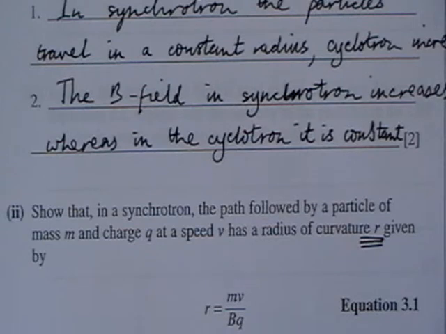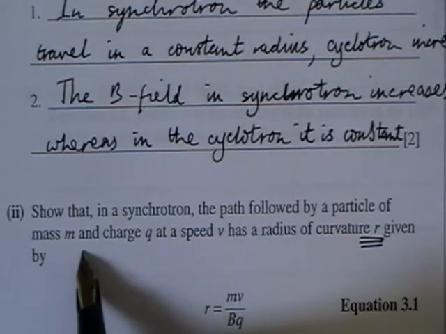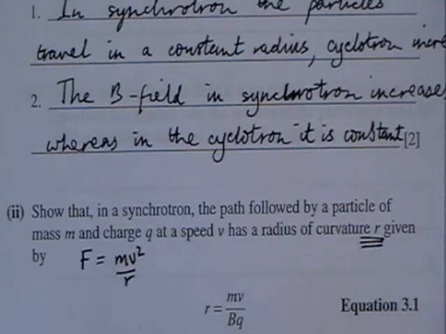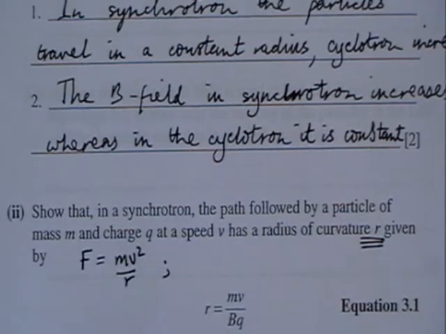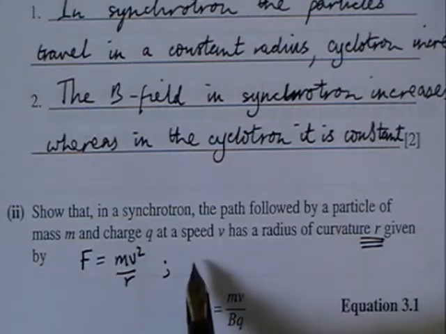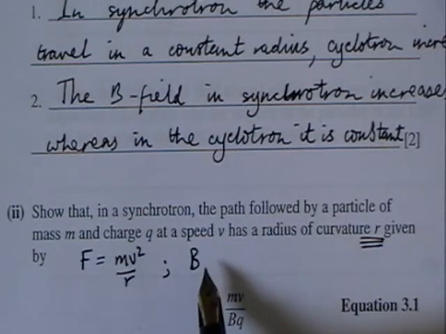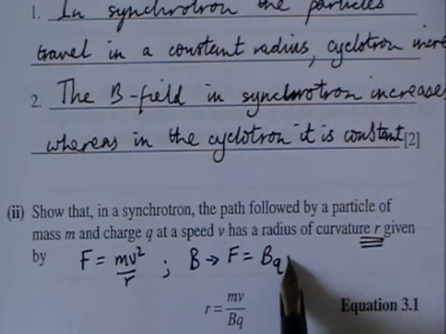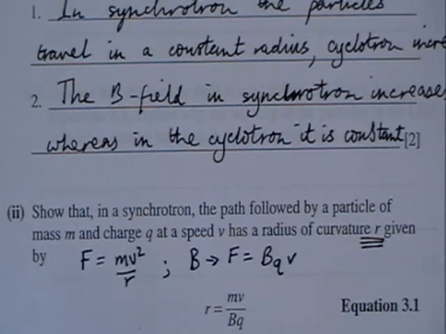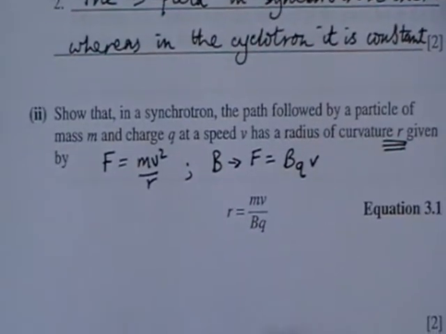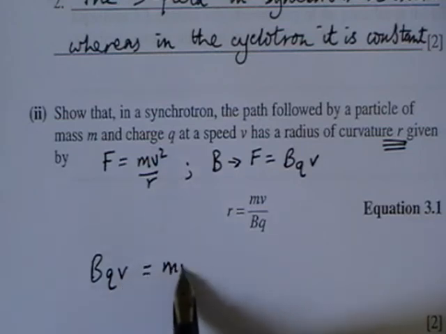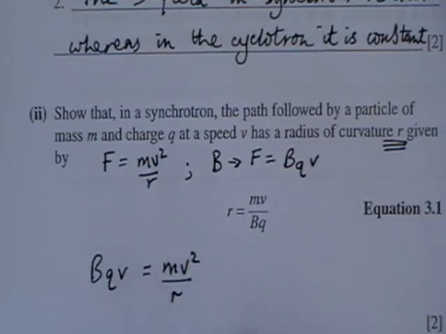We can therefore say that F, the force, is equal to mv squared over r. But because it's going in a circle caused by a magnetic field, the B field causes a force equal to BqV. So BqV equals mv squared over r.